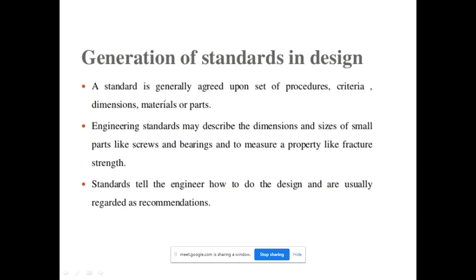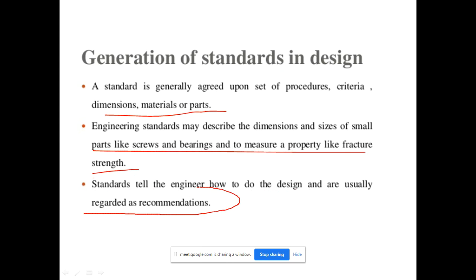So a standard is generally an agreed upon set of procedures, criteria, dimensions, and materials and parts. Engineering standards may describe the dimensions and sizes of smaller parts like screw, bearing, to measure the property like fracture strength. Next, standards tell the engineers how to do the design and are usually regarded as recommendations.